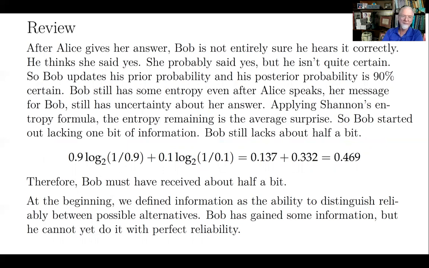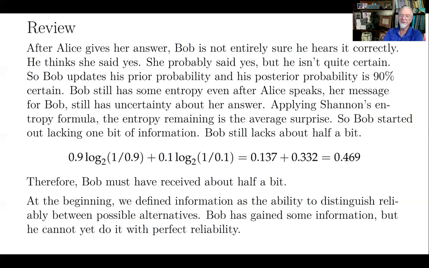So Bob updates using Bayes' theorem from his prior probability of 0.5, 0.5, and based on the structure of the conditional probabilities that he has, he determines his posterior probability is 90% certain. So Bob still has some entropy even after Alice speaks. So her message for Bob still has uncertainty.